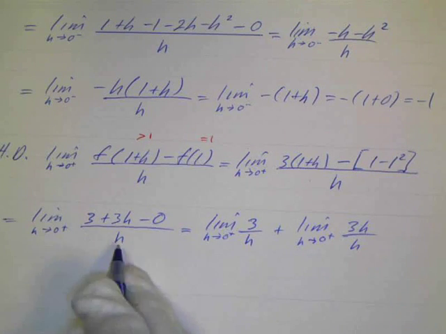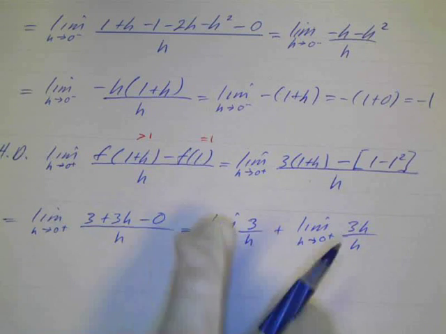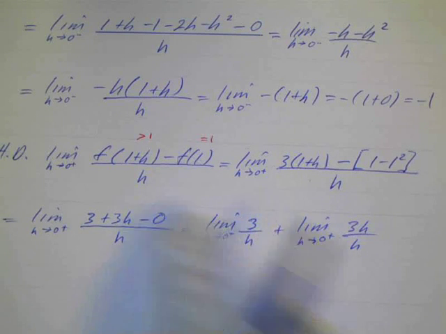So I have 3 over h plus 3h over h. Does everybody see that? So you can break that up.